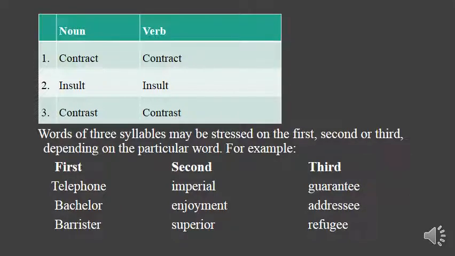Let me read them. Telephone, the stress is on the first syllable. Imperial, the stress is on the second syllable. And guarantee, the stress is on the third syllable.